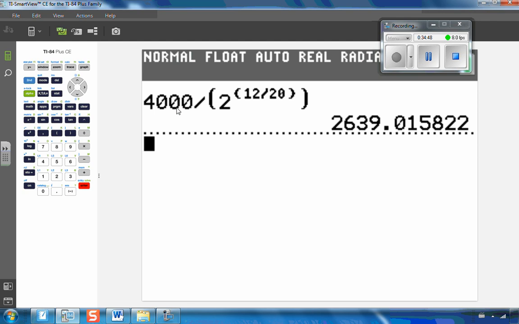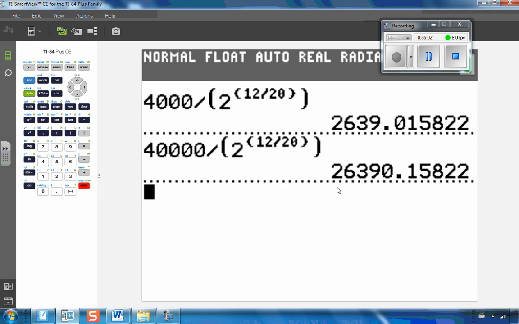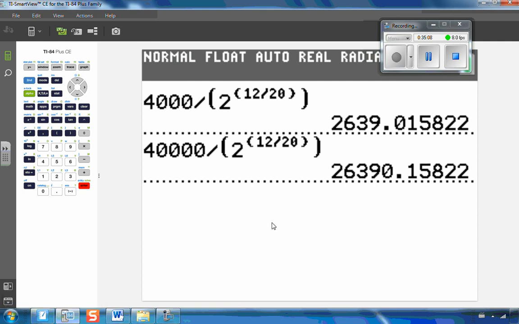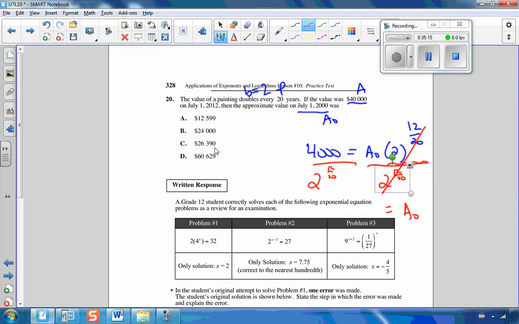Oh, I did 4,000. Let me just go back up here and correct that. I made a little boo-boo. Because I'm looking at my answers, I'm like, I don't have those as any of the answers. Well, that's because I didn't put the right amount in. Okay, so let me just insert another 0. There we are. 40,000, not 4,000. Okay, there we go. 26,000. I was wondering why none of my options were matching up. So 26,000, and they want it to the, let's see here. Oh, it didn't even say how to round it, but you can see from the options how we should round it. We should round it right here to 26,390.